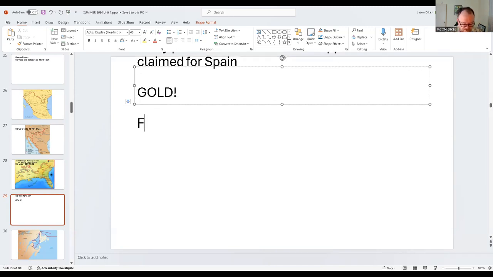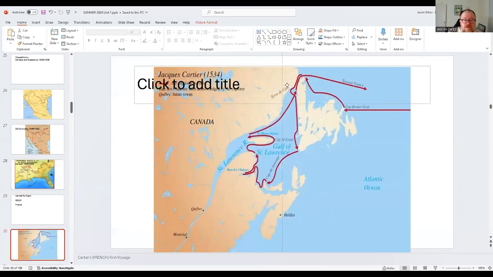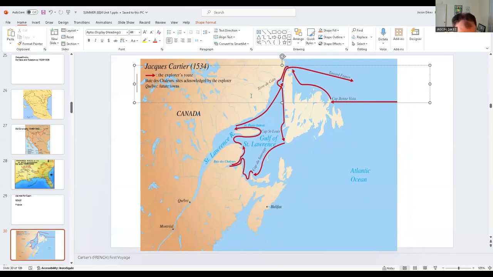The next group that made an impact were the French. The French originally came in, a guy named Jacques Cartier. That is a name on your study guide, I believe. Yes, Jacques Cartier.